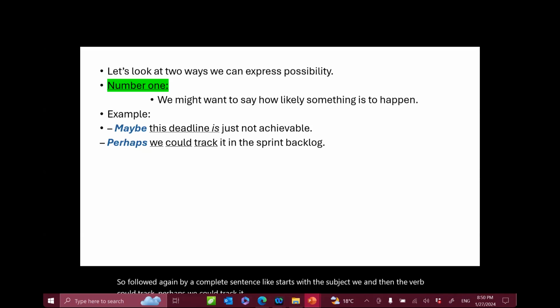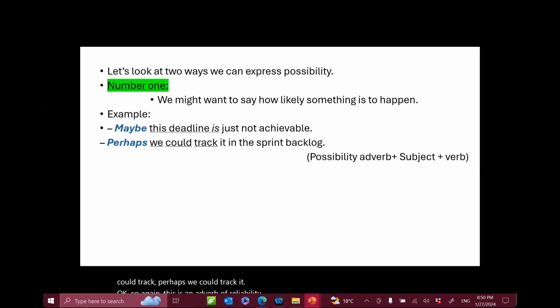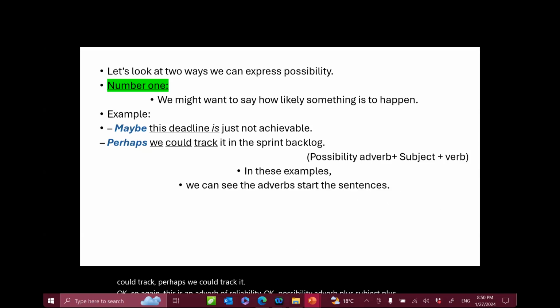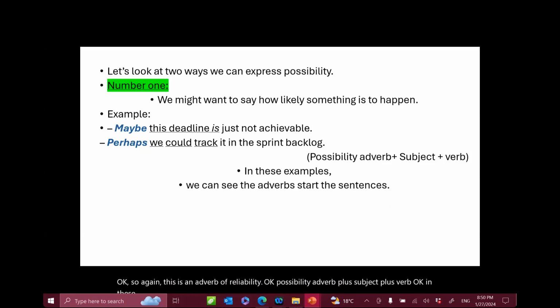Okay, so again, this is an adverb of probability. Okay, possibility, adverb plus subject plus verb. Okay, in these examples, we can see the adverbs start the sentences. Yes, as you can see in the beginning, example 1, maybe, example 2, perhaps.